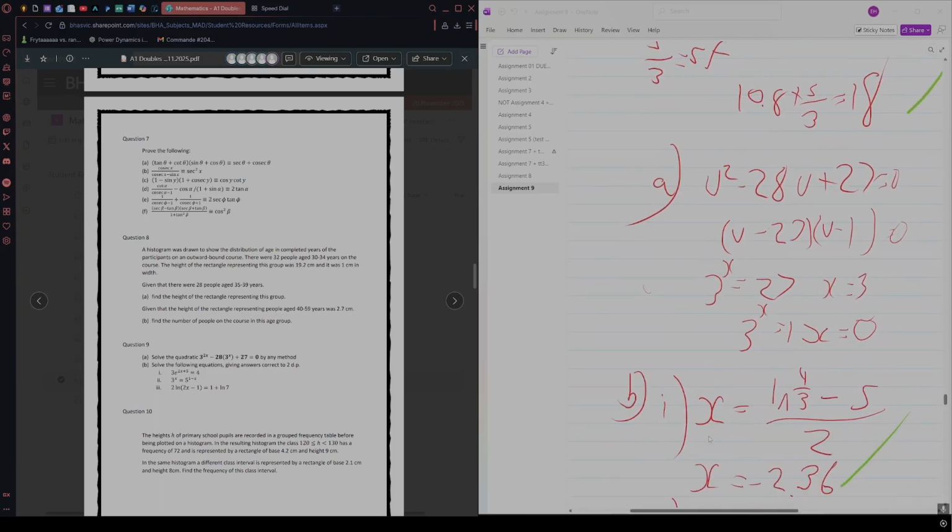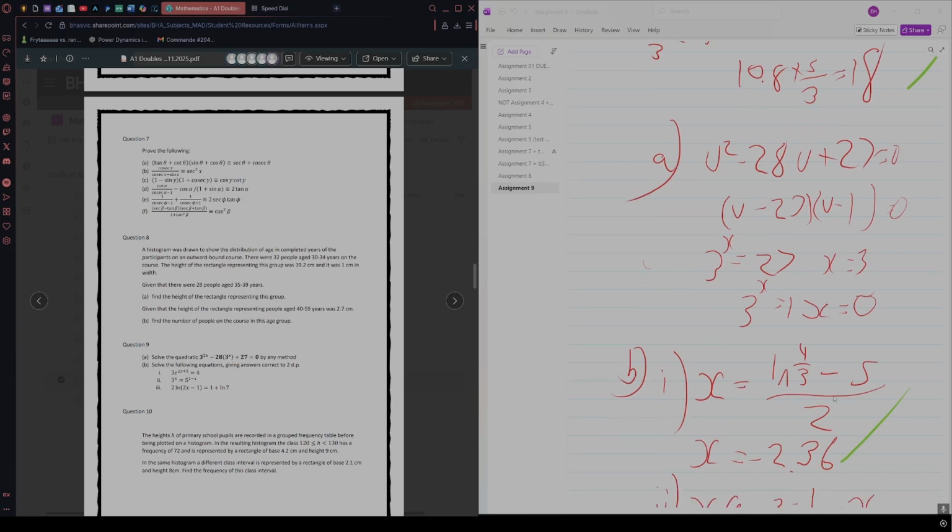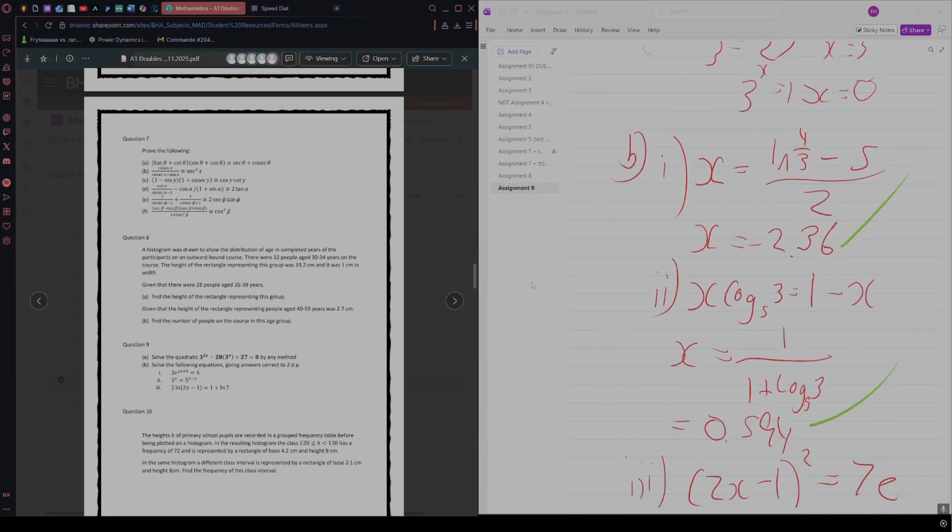But, alright, we've got an easier question now. This is just a hidden quadratic, obviously. Do the stuff, solve for x. Simple stuff. Part B, I just did this all in my head because it's just solving equations. You take the ln of both sides, use the power rule, and then rearrange. Next question.